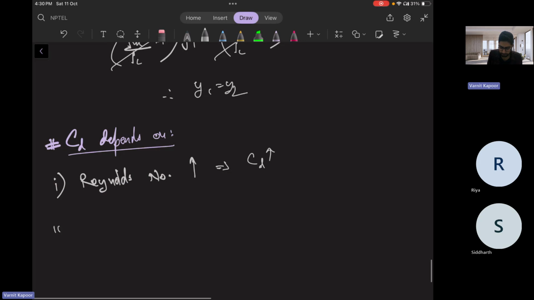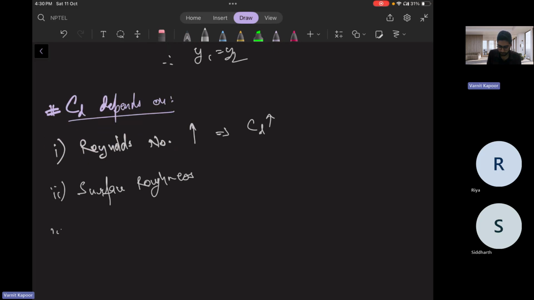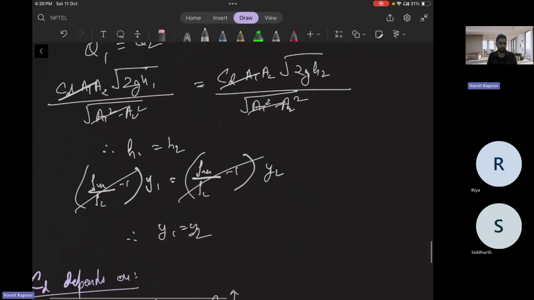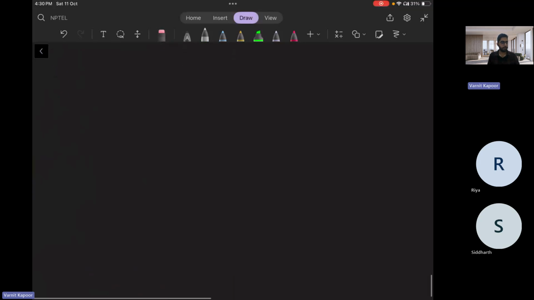Next is surface roughness, which will eventually lead to losses in the venturimeter. Third is the area ratio. We have seen the A1 by A2 ratio, and we want A1 by A2 to be greater than 1 only, because A1 is the converging section and A2 is the throat section. Eventually this will be okay.